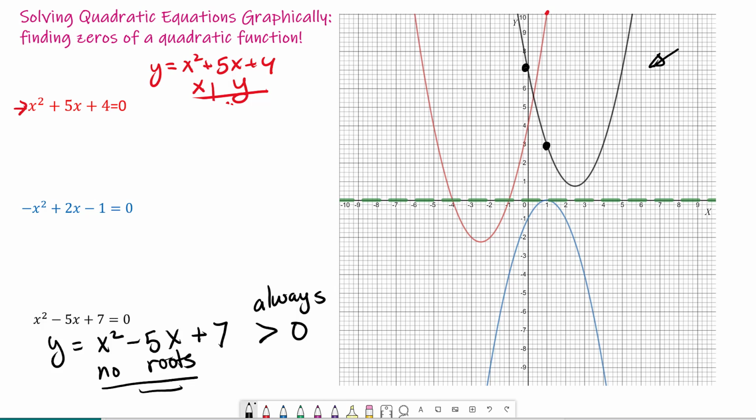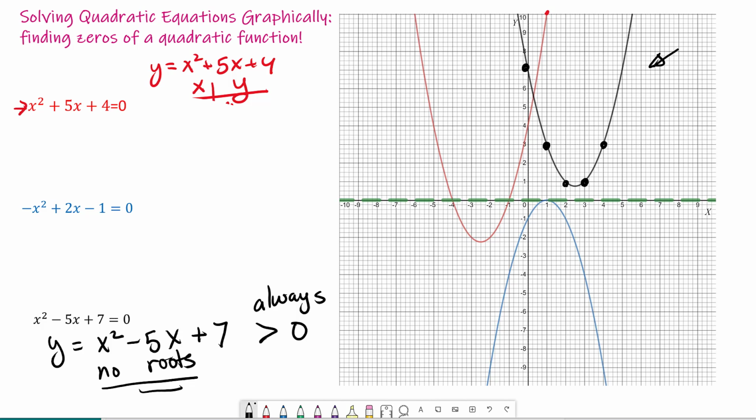Then we can look at x equals 2, which 2 squared is 4. 4 minus 5 times 2 is 4 minus 10, so that's negative 6, plus 7 is just 1. Then we go to 3, and what do we get? 3 squared is 9. 9 minus 5 times 3 is 9 minus 15. Again, that's negative 6, plus 7 is exactly 1 again. And so we go on. If we go to 4, we'll find that our y value is 3 again.